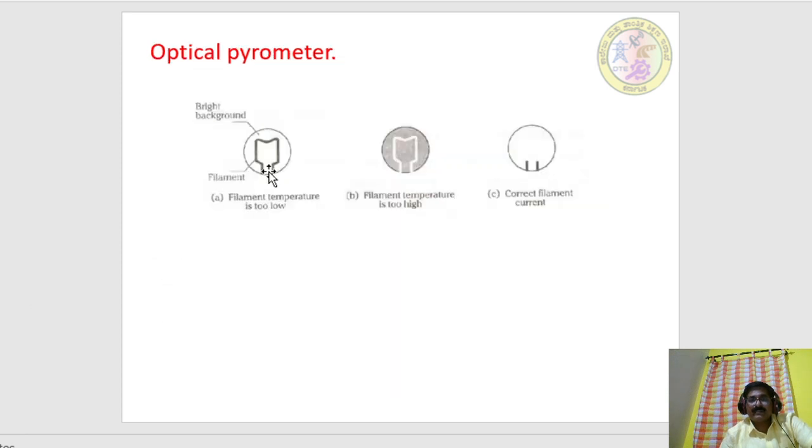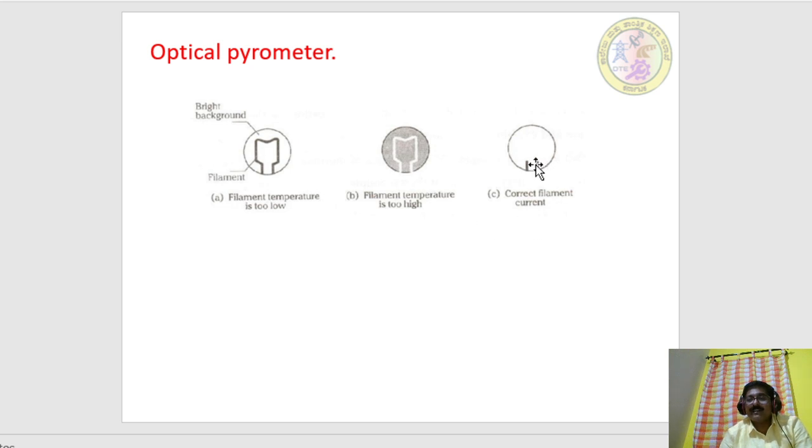So these are certain images which have been used to identify the temperature of the filament. Figure A shows the filament temperature is too low. If it is a darker spot, as in figure B, the filament temperature is too high.